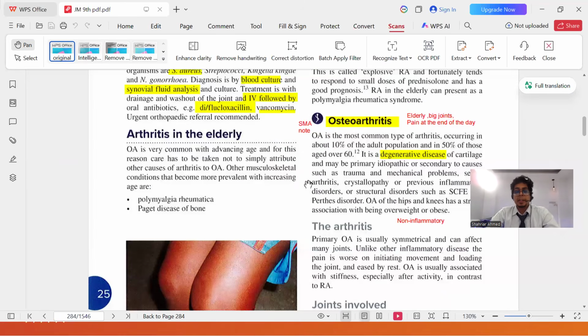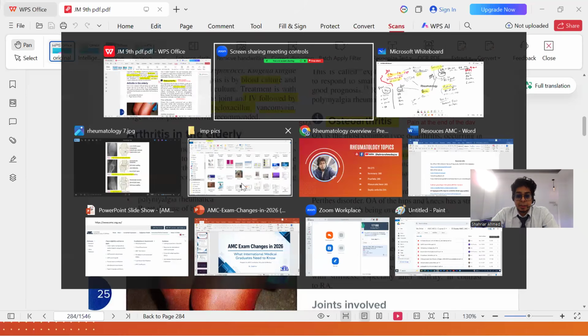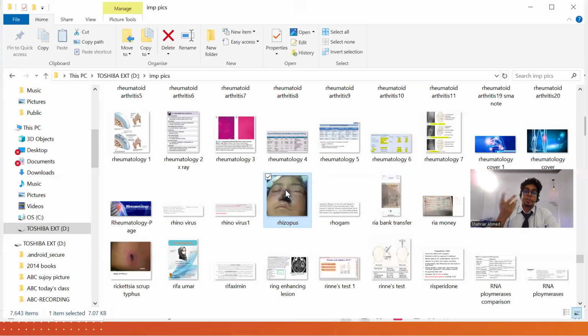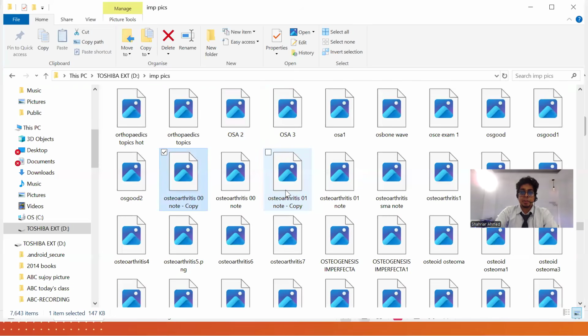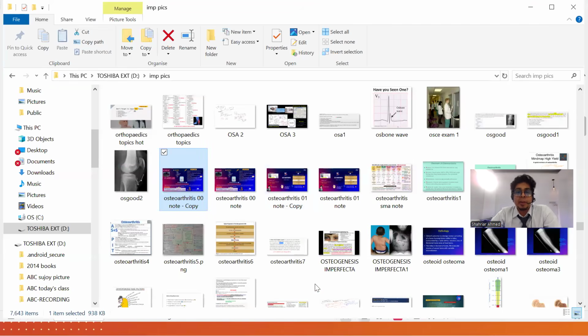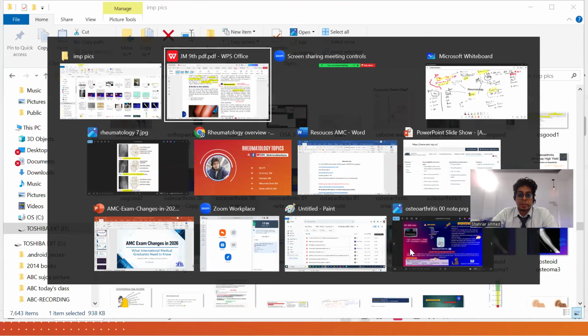Next, we are getting to osteoarthritis. Everyone has heard about osteoarthritis. I think in everyone's home there is probably one osteoarthritis patient. Am I right, guys? In everyone's home there can be one or maybe two osteoarthritis patients.